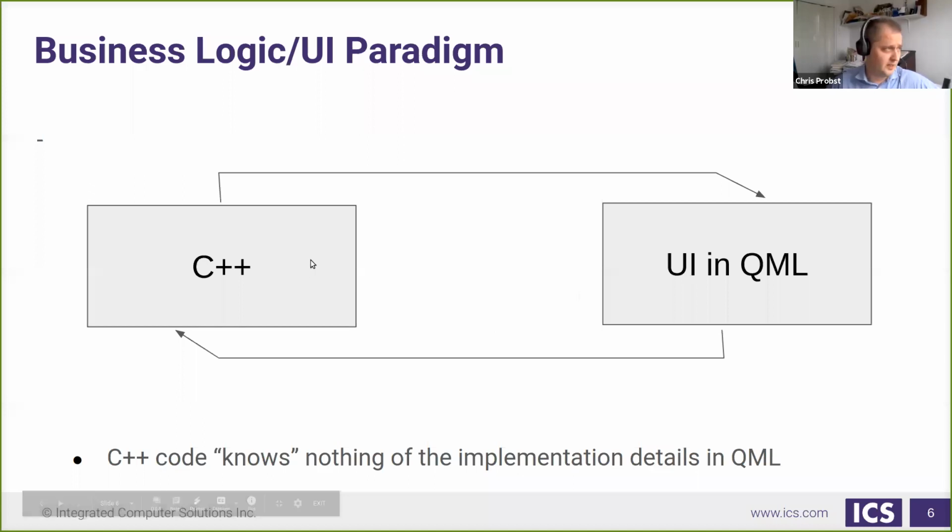Now, the C++ also provides an interface to the UI, and the UI is aware that there is an interface to the C++. So the UI can actually call C++ functions that we define. Now let's look at a really simple example.